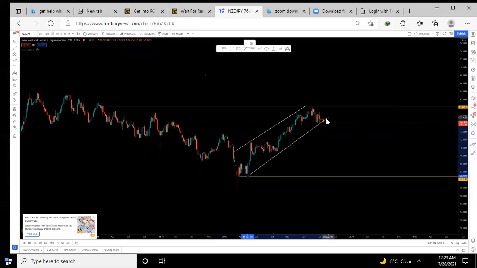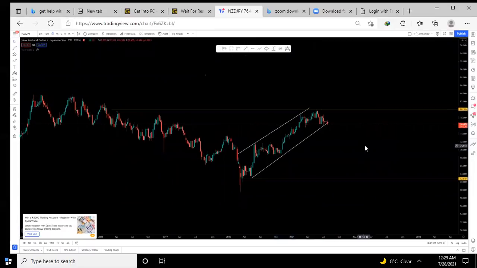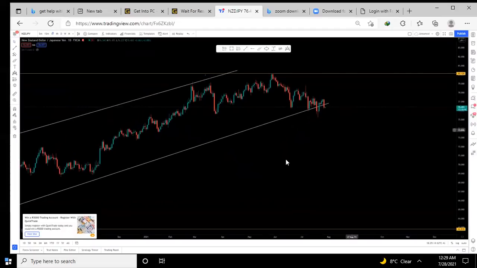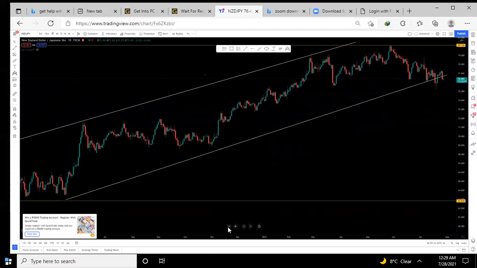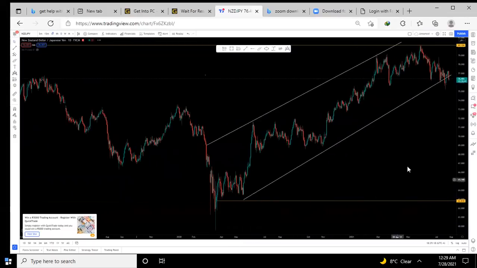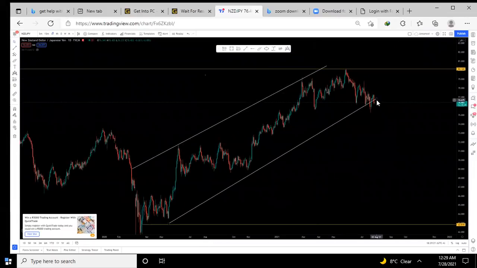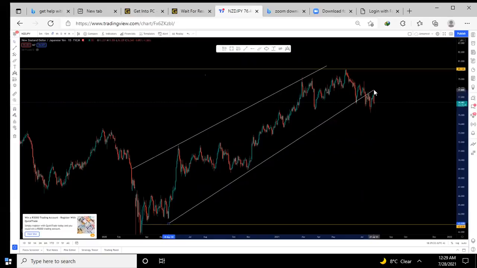So when you have a structure like that, you have to switch from the weekly to the daily, because I was in the daily, but I couldn't see anything at all. So that's when big time frames count, because that's when you can get real help.